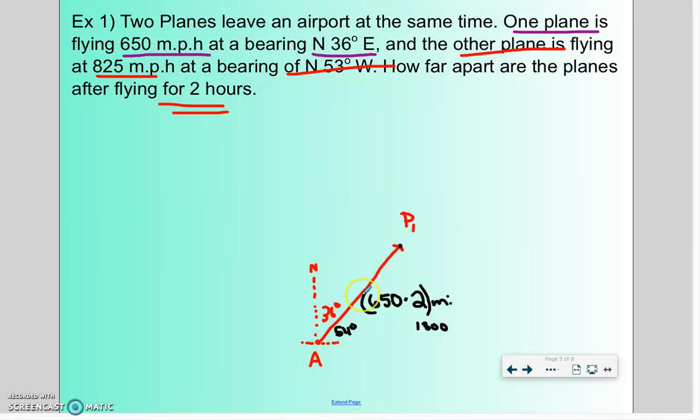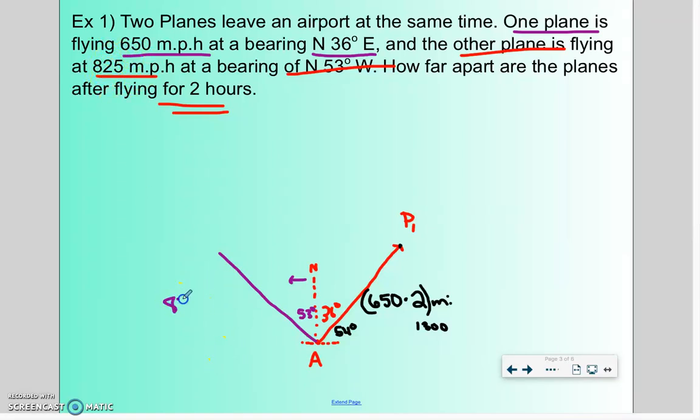Now let's look at plane 2 here. Plane 2 is traveling a little faster, as we see, bearing at a north 53 degrees west. So now this one is going this direction. And we're going to go 53 on the inside because it's north 53 degrees to the west. That one travels at 825 miles per hour.